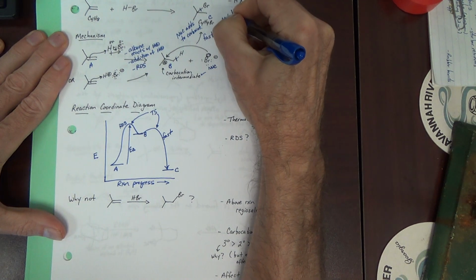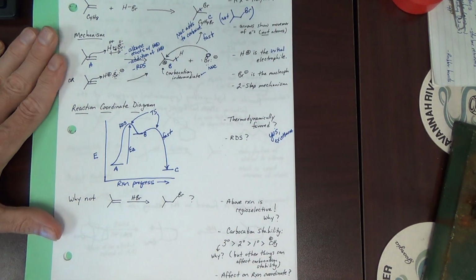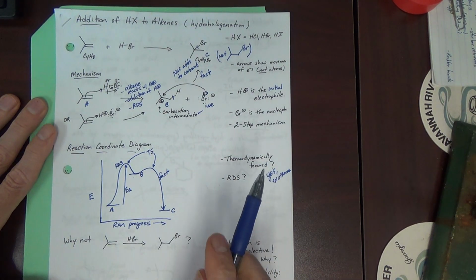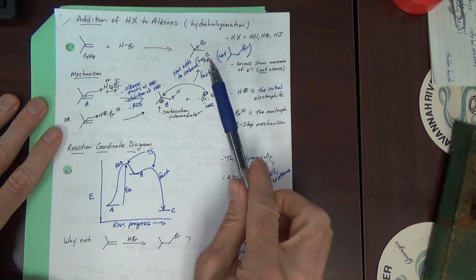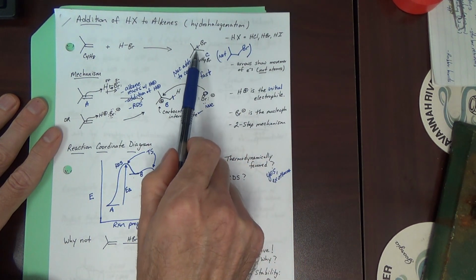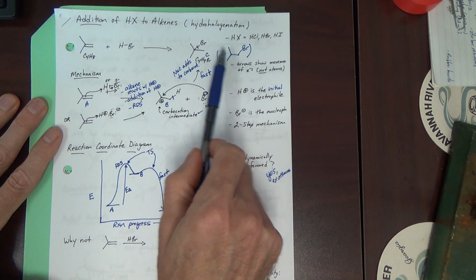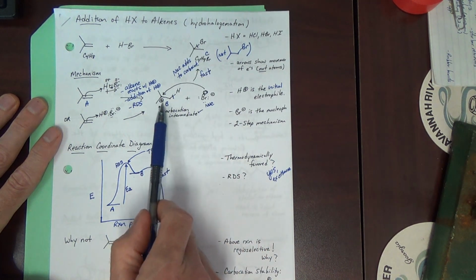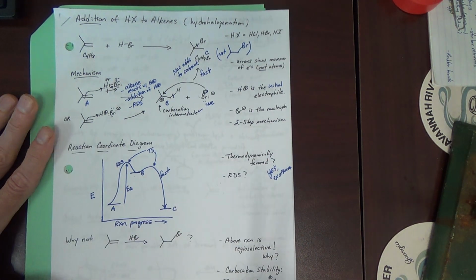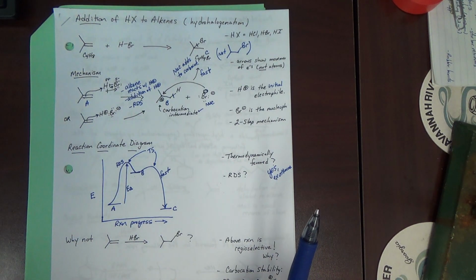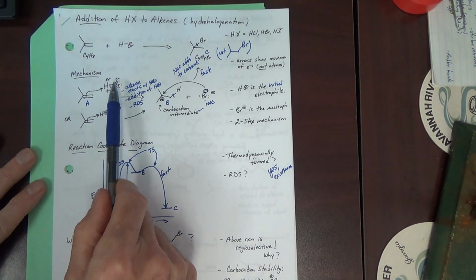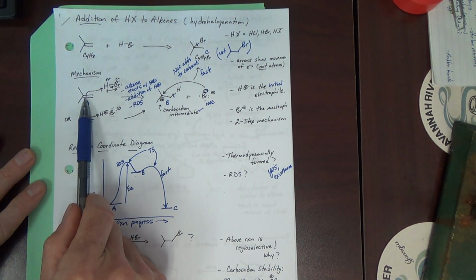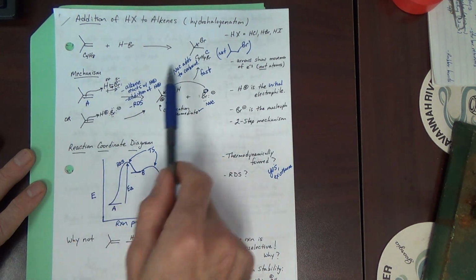Okay, now we got the tertiary halide, not the primary halide. Why does the bromine end up on the tertiary carbon and not the other carbon? Unless you have a skeletal rearrangement, whenever you do an addition, you're going to be adding groups to the two carbons of the original alkene. But why did the Br end up on the left carbon and not the right carbon?